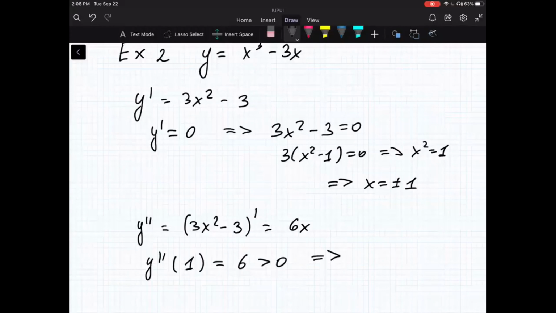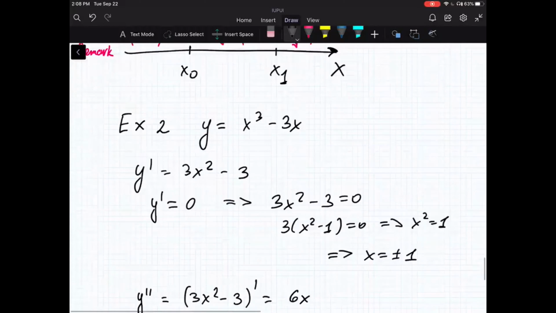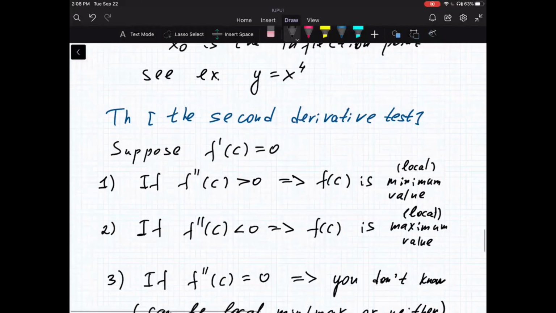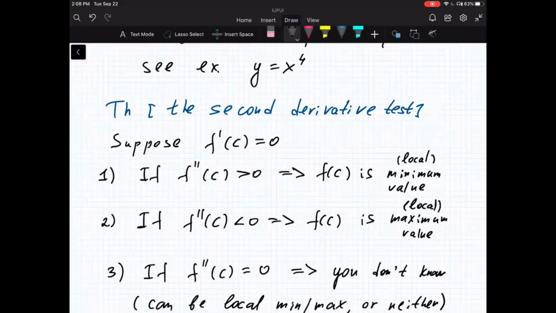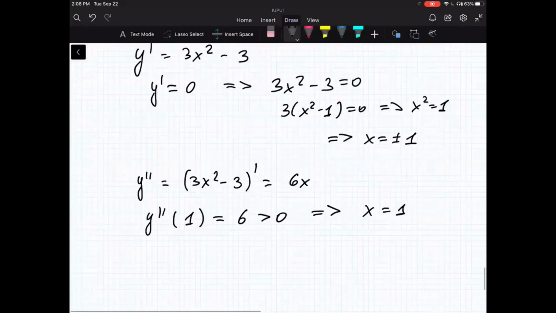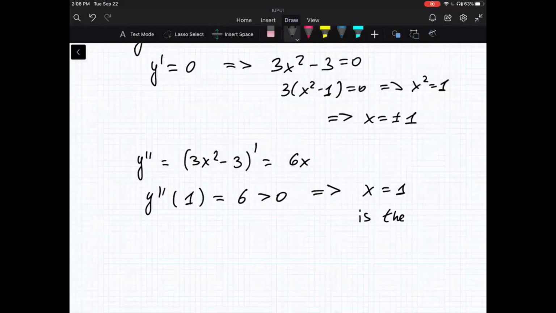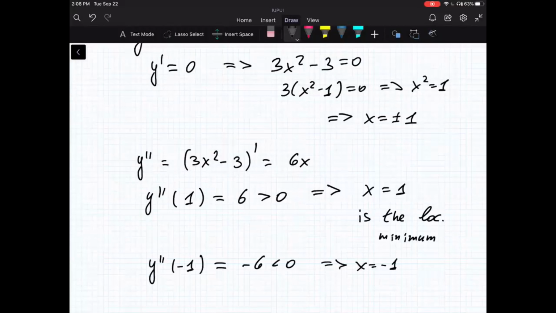That means that x equals 1, by the second derivative test, is in the first situation: the second derivative is positive while the first derivative is 0, so it is a local minimum. While the second derivative at the point minus 1 will be minus 6, which is negative. That means that x equals minus 1 is a local maximum.